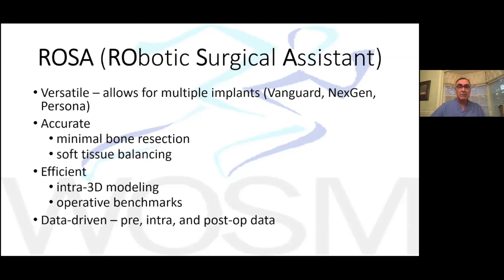As I said before, when I touched on the minimally invasive side of it, it's extremely accurate, with minimal bone resection down to the millimeter, which is certainly well within any standard error margin.